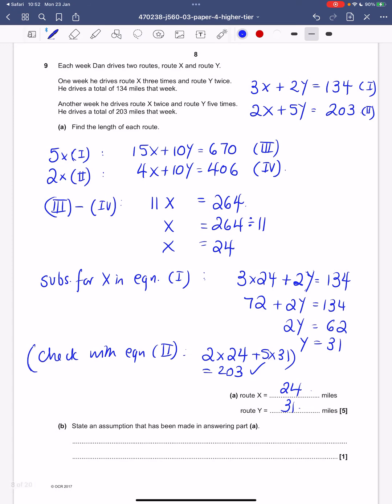Ooh, state an assumption that's been made in answering part A. Well, I guess it's that they're all, I don't know. I just feel like it's that they're all exactly whole numbers.